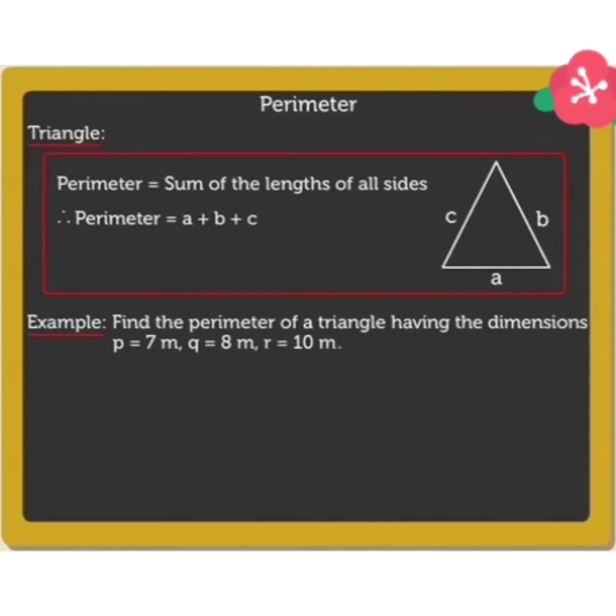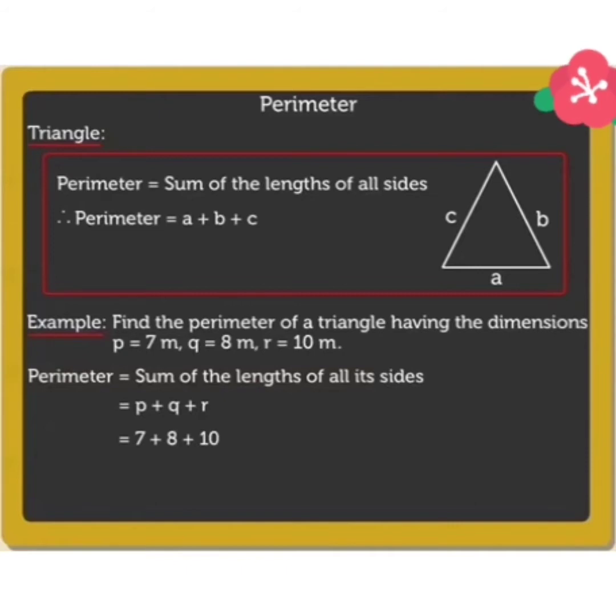We know that perimeter of a triangle is equal to the sum of the lengths of all its sides, which is equal to P plus Q plus R, which is equal to 7 plus 8 plus 10 gives 25 meters. Therefore, perimeter of the triangle is equal to 25 meters.